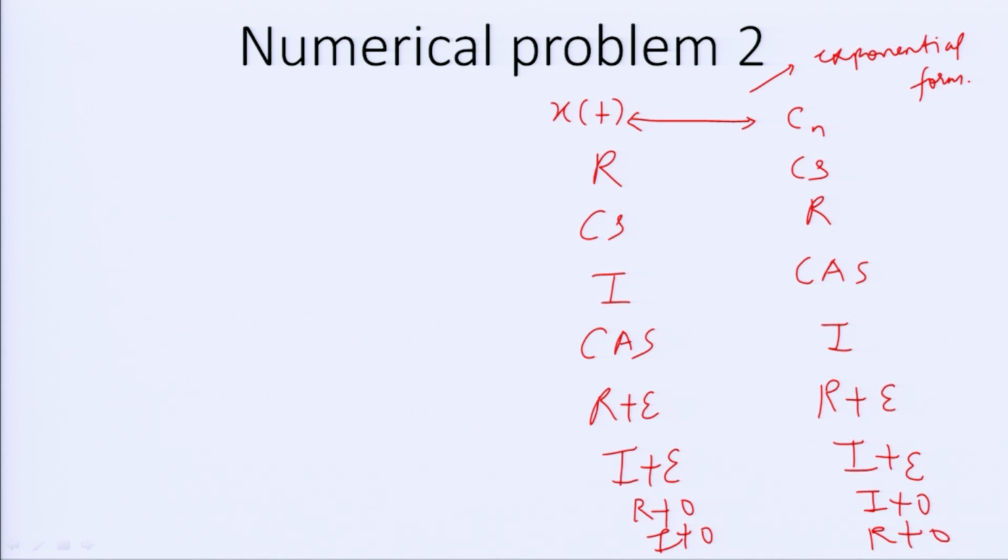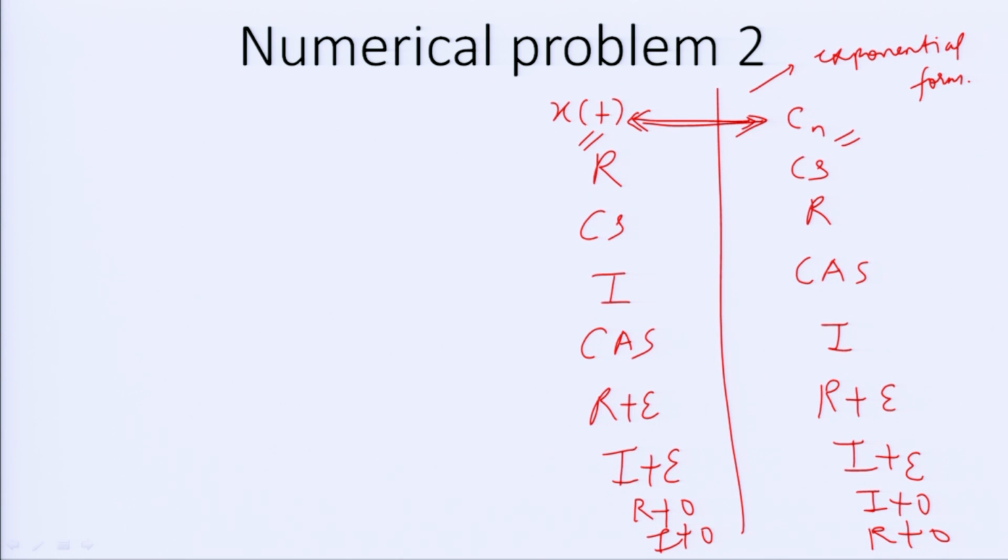Suppose if you know x(t), then you can say the nature of the Cn coefficient value, or if you know Cn, then by seeing this you can say what the other value will be. I have put a double arrow here, which means if you know either of these values, you can say what the other will be.